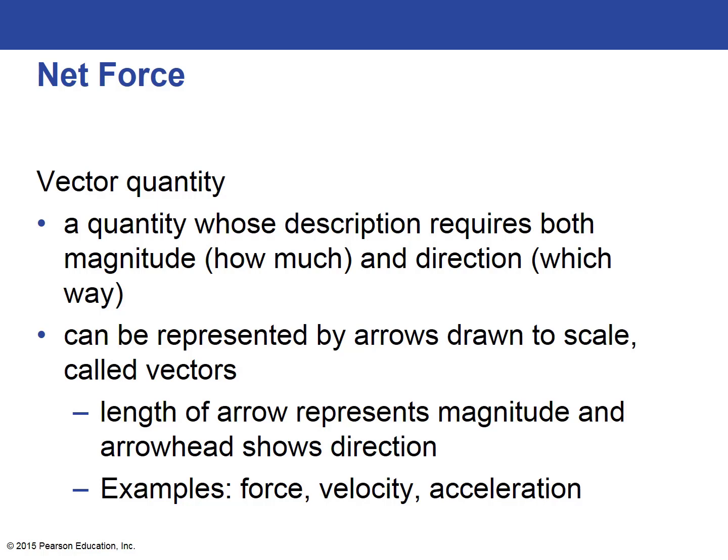If I draw these two vectors, I'll have a vector going to the right at a distance of 2 inches, with the arrow pointed to the right. Then I'll have a force of 1 pound to the left, so another arrow pointing to the left, and the net result will be 2 minus 1, which is a net force of 1 pound. We'll have an example in the next slide.